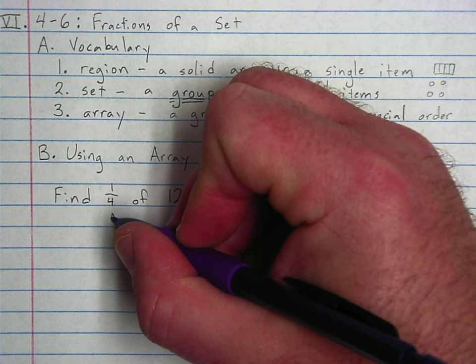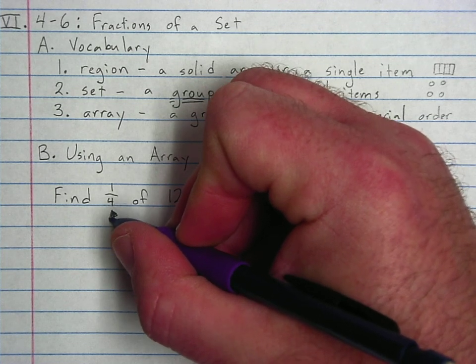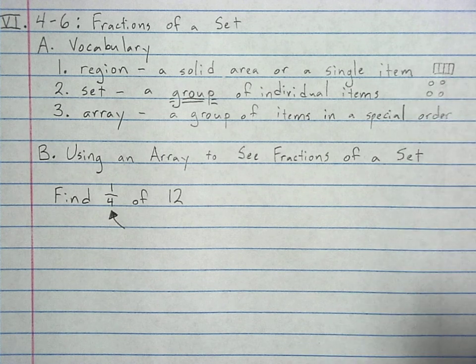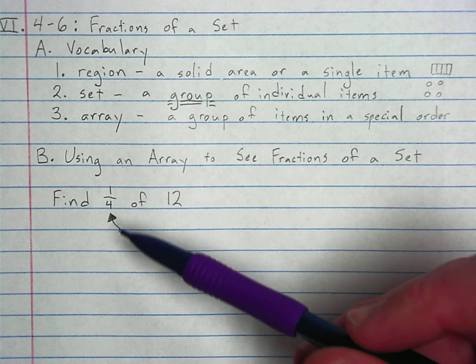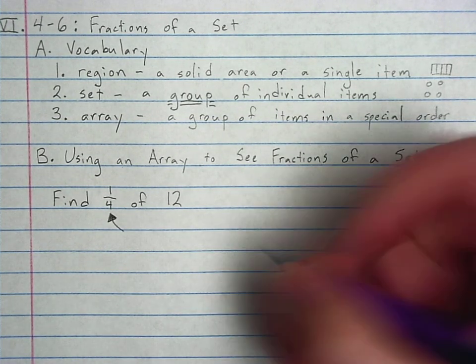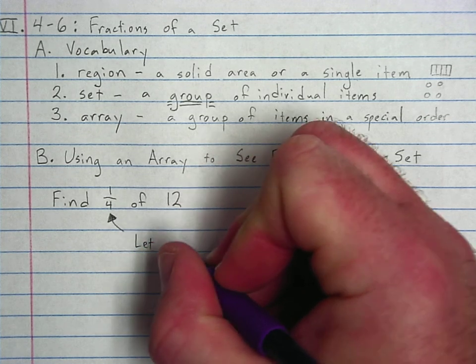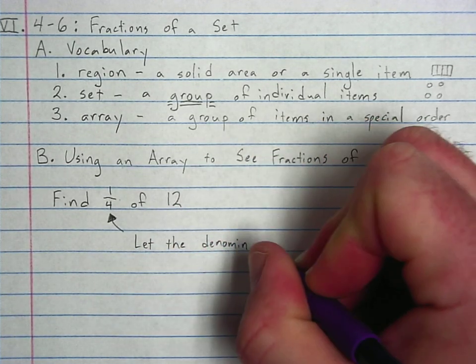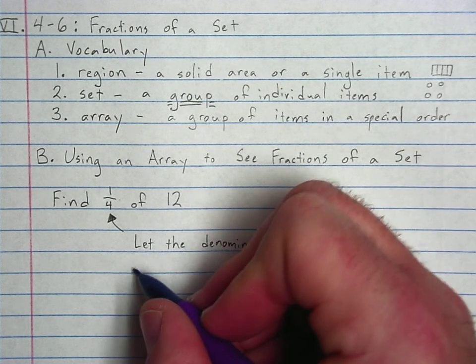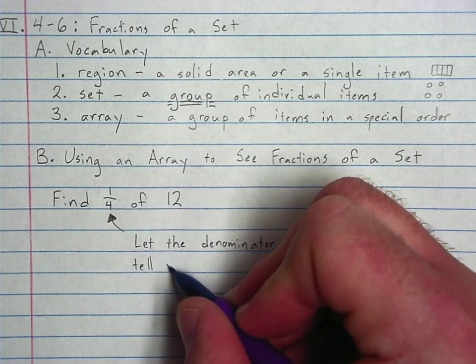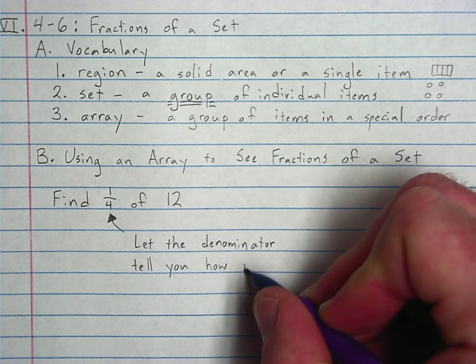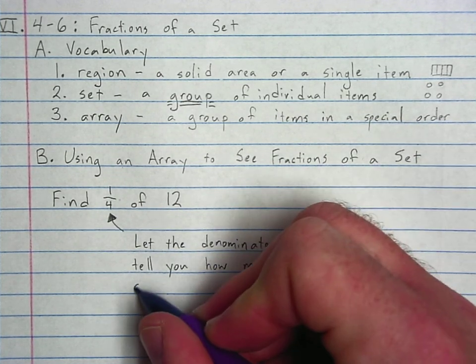Now, there are different ways I can do this. We talked about how to do it with a region. But if I'm using an array, I'm going to look at the denominator, and I'm going to let the denominator tell you how many columns to make.